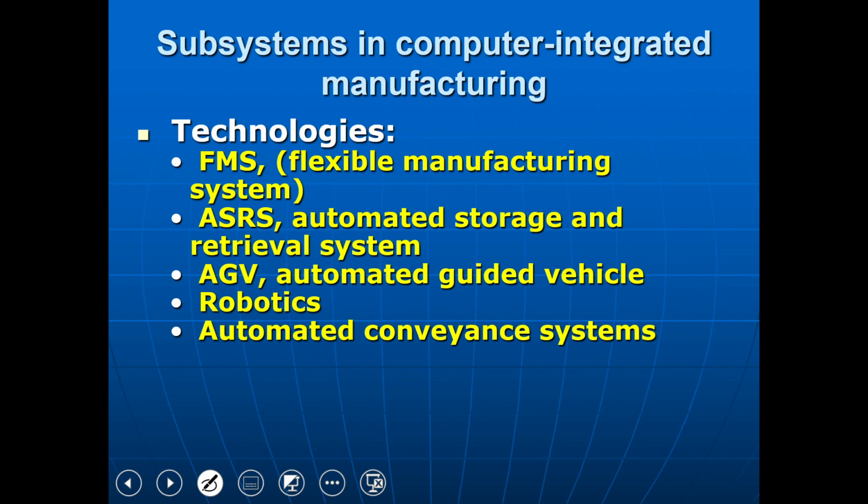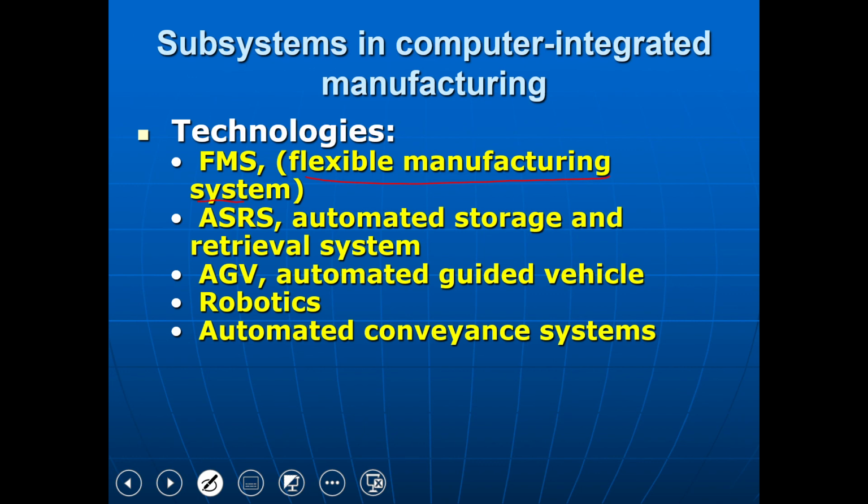When we learn CIM, we can also relate it to the flexible manufacturing system, because in the flexible manufacturing system they have a complete line from material handling until packaging the product, or doing an inspection before packaging. That is flexible manufacturing.